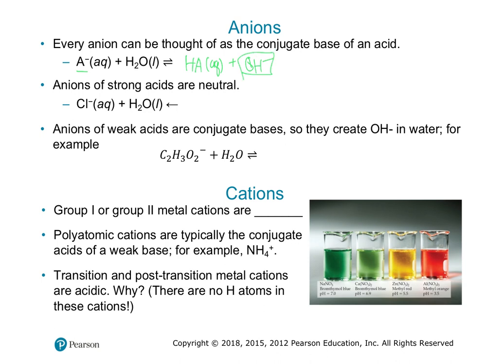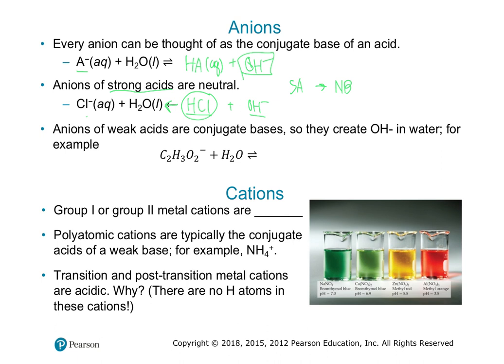When my anion came from a strong acid, though, remember, strong acids make negligible bases. So if I have Cl- here with water, theoretically I'd make HCl and hydroxide. But hydrochloric acid is so strong that it pushes the reaction backward, and I will never actually form HCl. So hydroxide will never get formed.